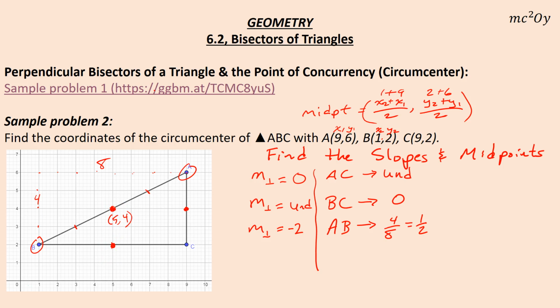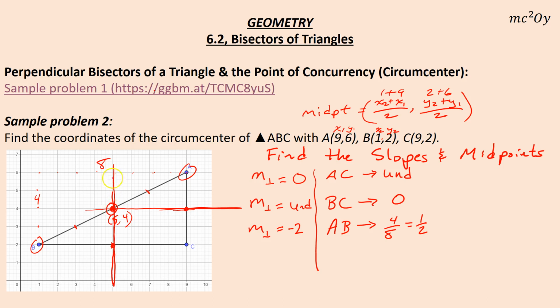Okay. So once we have that, we are using our slopes. So the slope of going through this midpoint, the slope of the line that's undefined, the perpendicular, is a flat line. The slope of a line that is flat or 0, the perpendicular, is undefined. And you can kind of see where they're going to intersect already, but just to double check, you could put that last one in.